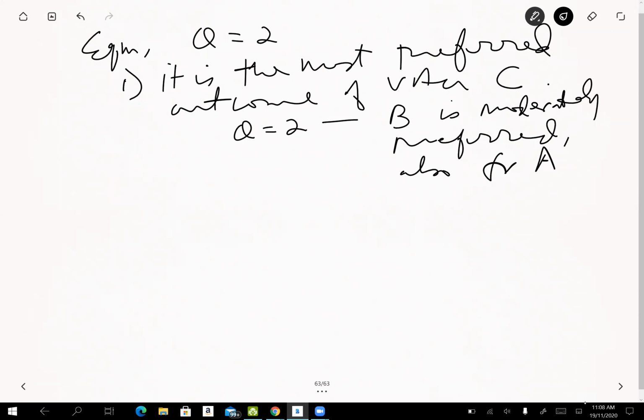So Q equal to 2 is the most preferred choice, which is the outcome, of voter C. Now that's 1.